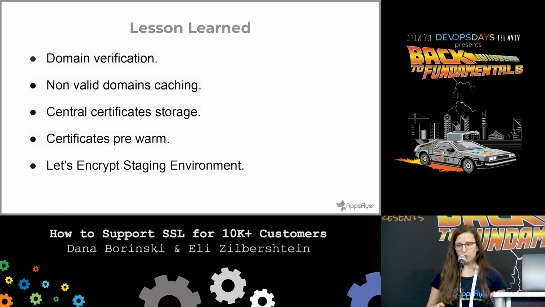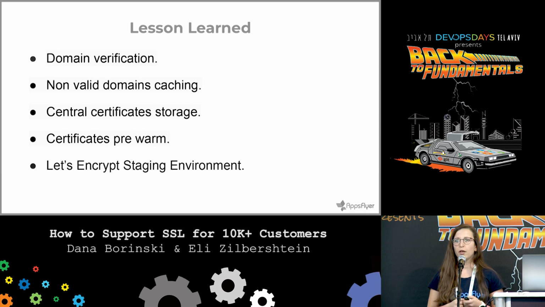We have a central certificate storage. We have many nodes, and we want to be able to auto-scale, scale up or scale down. So we need a central certificate storage so the nodes can reach it and understand if the certificate already exists or not, if we need to go to Letsencrypt and issue a new one. And pre-warming, again, to reduce the load from our Redis and components.